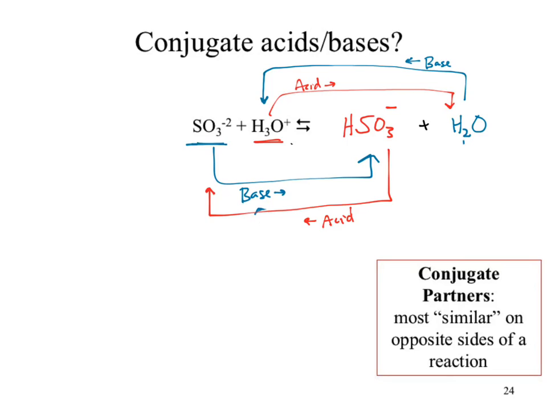This is where I differ from the textbook and where I differ from the final. I define acids and bases as the reactants, which we will call our left-hand side of the equation. On the right-hand side, I still have an acid and a base, but those are product acid-base. So how can I differentiate and still keep the meaning that H2O needs to act as a base? It's a conjugate base.